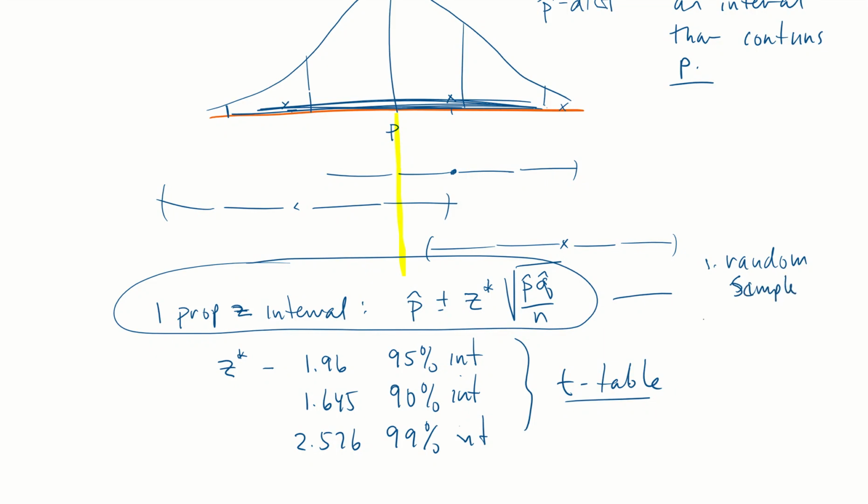And then secondly, n p hat has to be bigger than 10, and n q hat has to be bigger than 10, because that's what ensures that p hat is normal. Okay, I think that's a good start for one proportion z intervals.